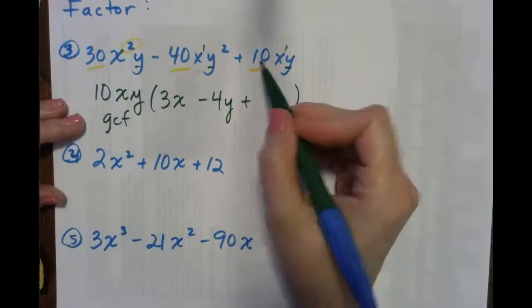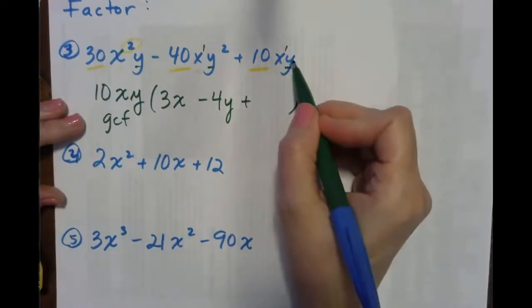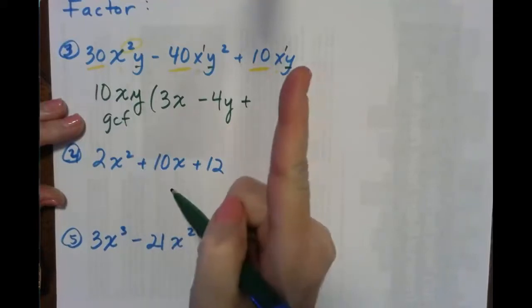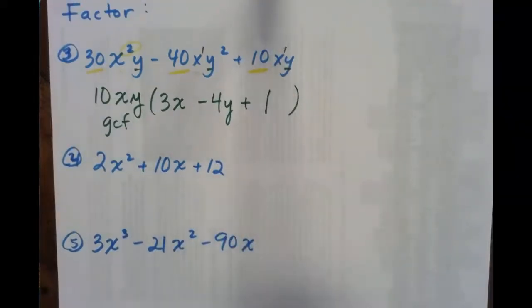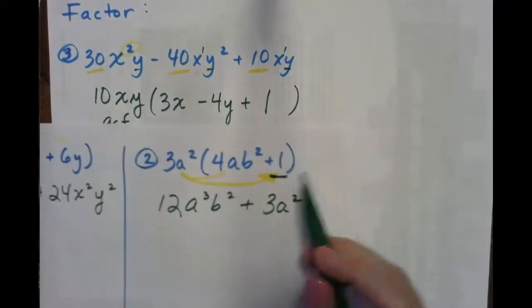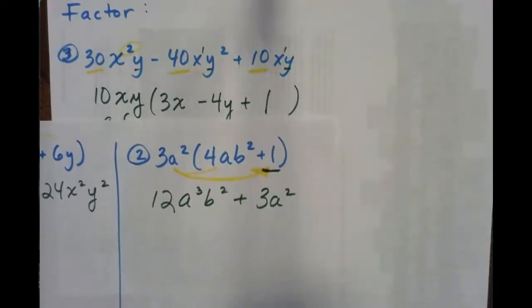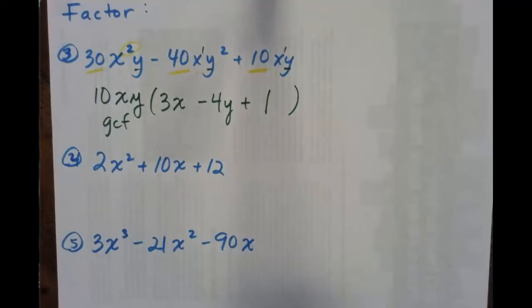And here you go. 10xy divided by 10xy is 1. But this time we have to put the 1 in order to hold the spot. So that's why I wanted you to see what we did in number 2 and compare that to when we're going in reverse in number 3.